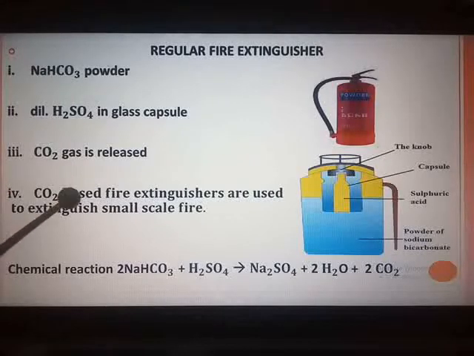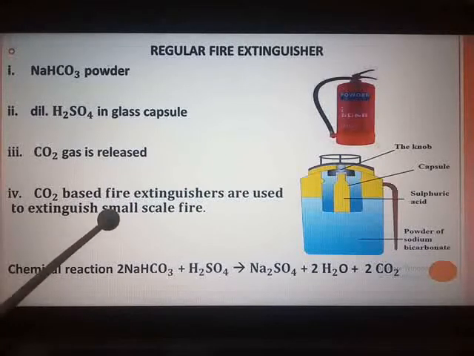So you can see that carbon dioxide based fire extinguishers are used to extinguish fires which are caught on a small scale. It is beyond their capacity to extinguish a big fire. In modern fire extinguishers, liquid and solid carbon dioxide is filled under pressure. On reducing the pressure, it becomes gaseous and comes out forcefully through the horn-like hose pipe.